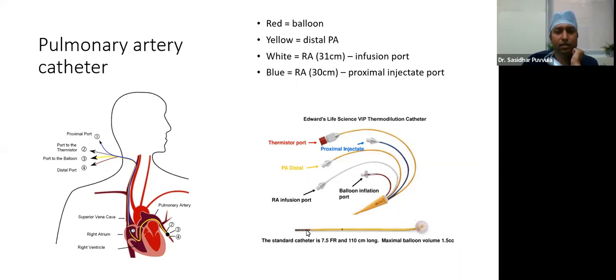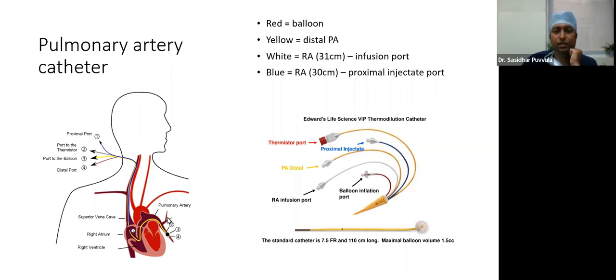As you can see, at the tip of the pulmonary catheter there's a small balloon with a volume of 1.5 cc. Whenever the catheter is placed into the pulmonary artery and the balloon is inflated, the pressure is called the pulmonary artery occlusion pressure.